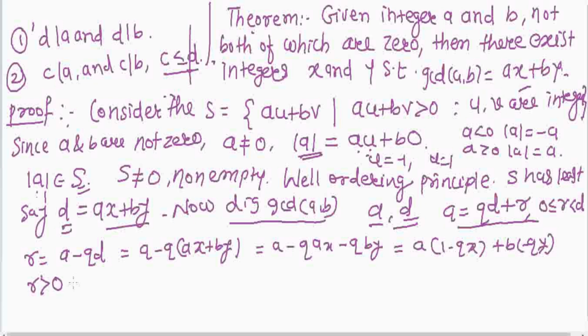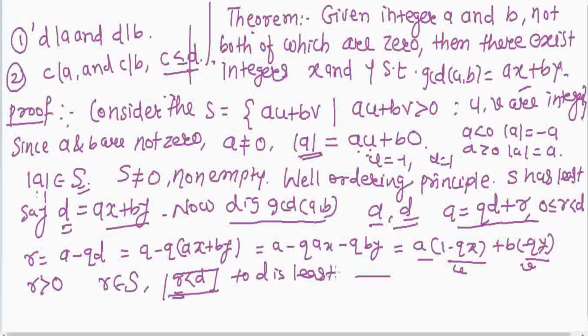If R is greater than 0, then R is of the type A into U plus B into V. That means R is positive and R is a member of S, but the value of R is less than D. So we have a smaller element of the type AX plus BY, and this gives us a contradiction to the fact that D is the least element.